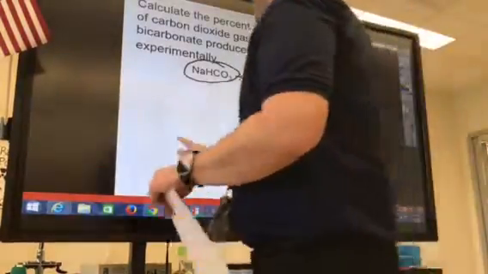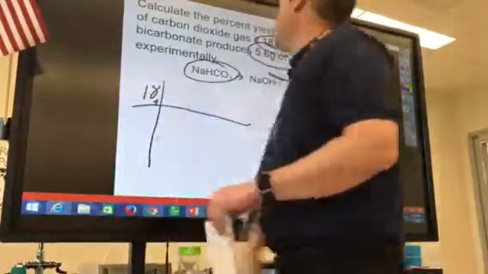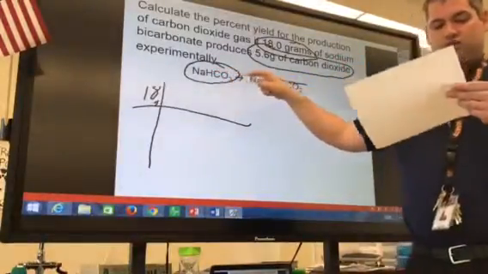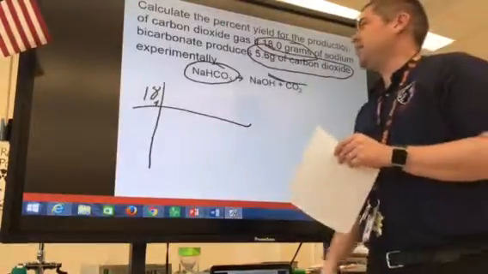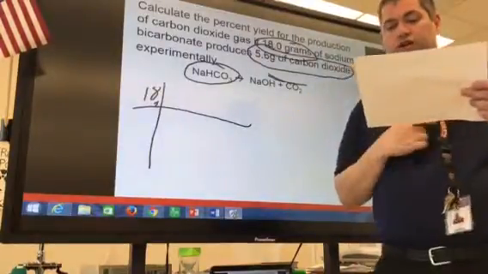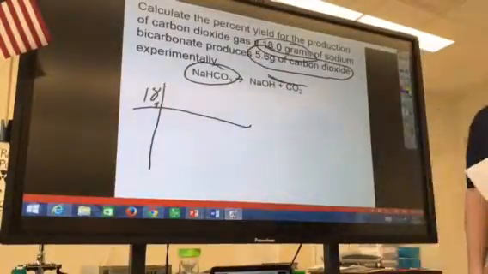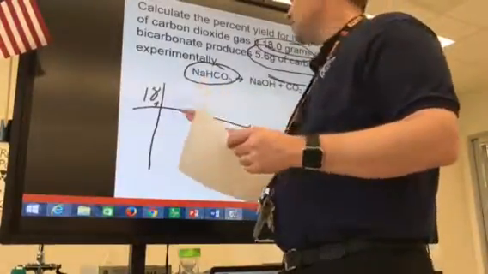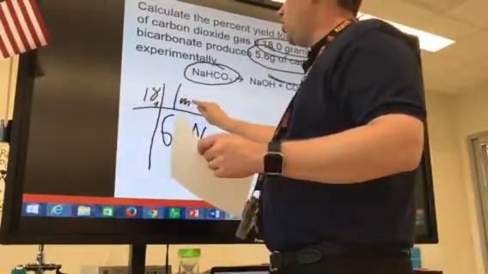So it's 18 grams over, I look at the periodic table, my formula is Na, which is 23, plus 1, plus 12.01, plus 48 equals 84.01. 84.01 grams per 1 mole.